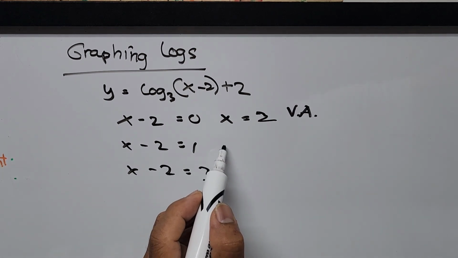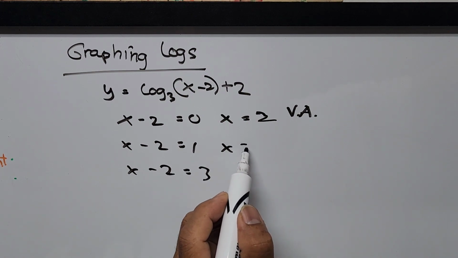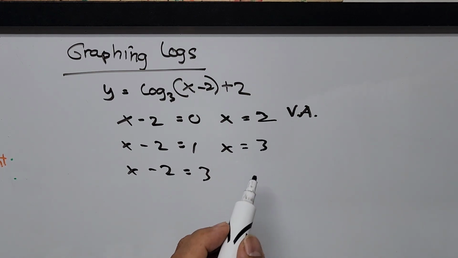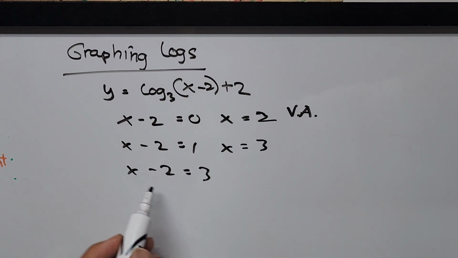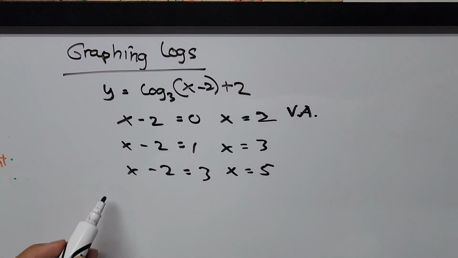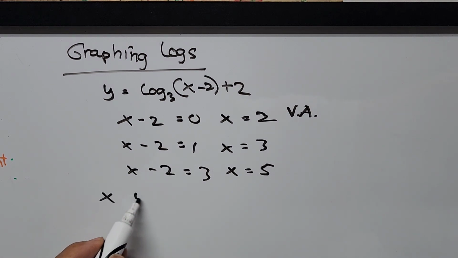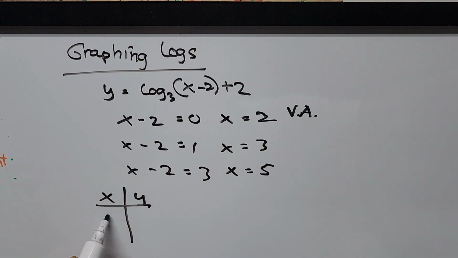And here, x is equal to positive 3, moving 2 to the right. In here, x is equal to positive 5. So let's find the values of y, since we already have x values at 3 and 5.